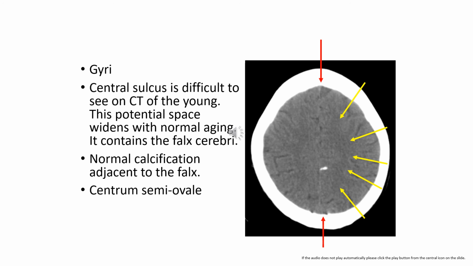This coalescence is going to form the centrum semi-ovale, continue to coalesce into the internal capsule, descending into the cerebral peduncles, and enter the spine as the long white matter tracts connecting the cerebrum to the spinal cord.